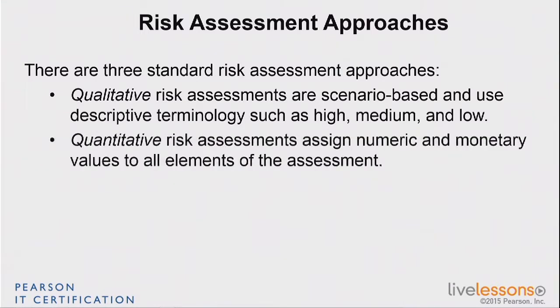The second, which is more difficult to do, but maybe a little bit more precise, is a quantitative risk assessment. Quantitative risk assessments assign numeric and monetary values to the elements of the assessment. Generally, a numeric value will be assigned to impact and to likelihood, and a monetary value is what's being assigned to the asset value and to the risk level.